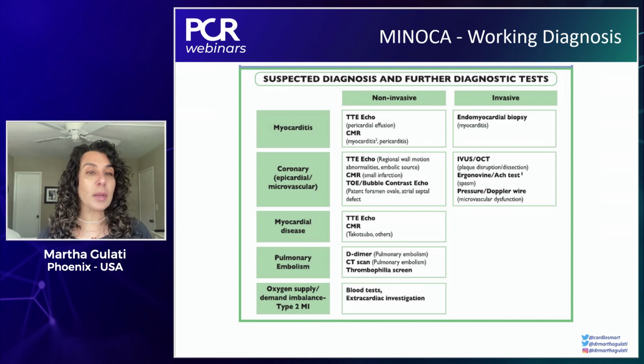Maybe they had an obstructive lesion, but it could be that the microvascular system is actually what's causing their symptoms. Of course, if you have other diagnoses like pulmonary embolism and other type 2 MI, that's going to lead us down differently. And hopefully in the specific clinical scenario, you'll be able to make that diagnosis.